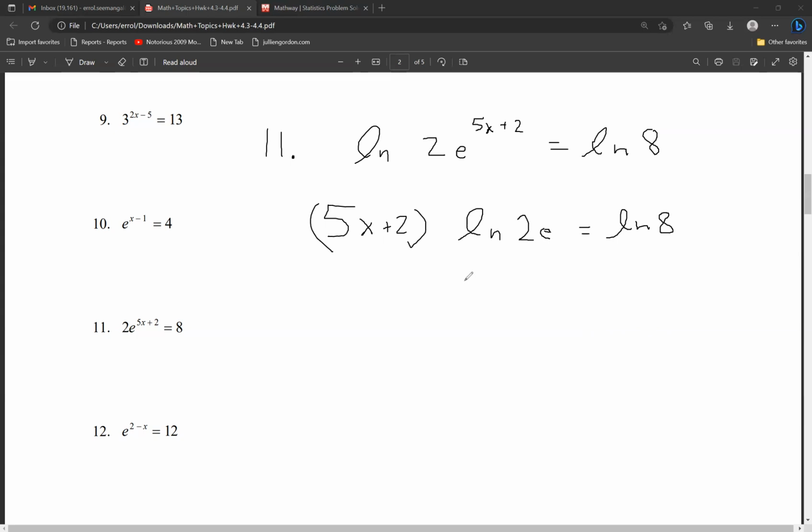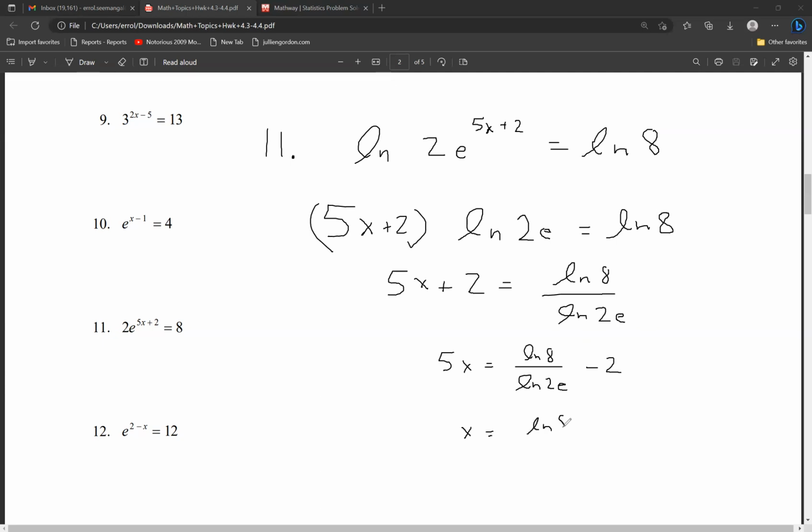Divide both sides by ln 2e. 5x plus 2 equals ln 8 over ln 2e. Subtract 2 on both sides. 5x equals ln 8 over ln 2e minus 2. And then x will equal just that same thing divided by 5.